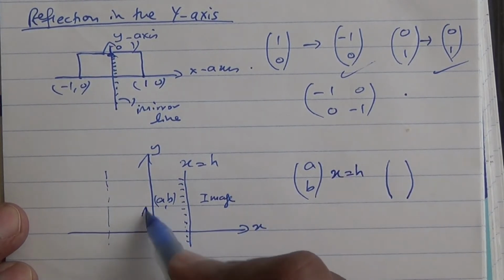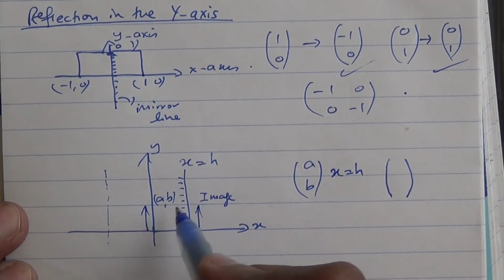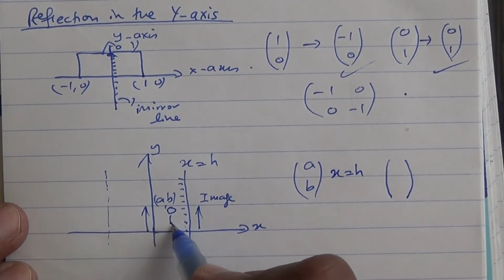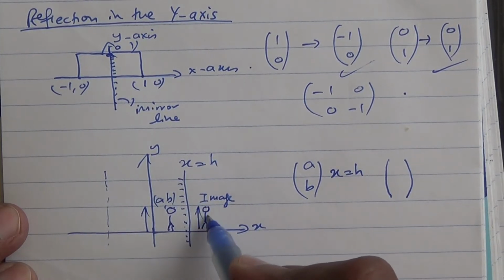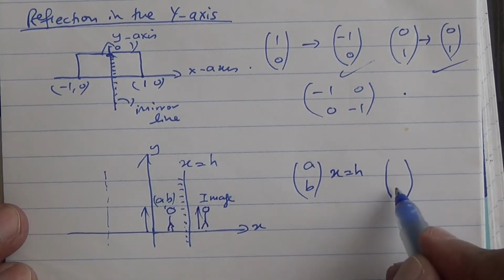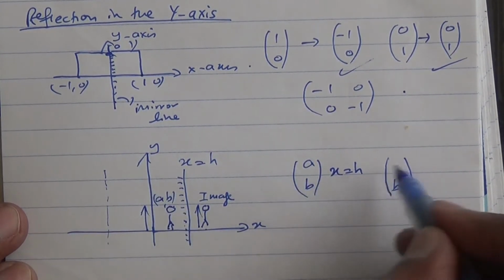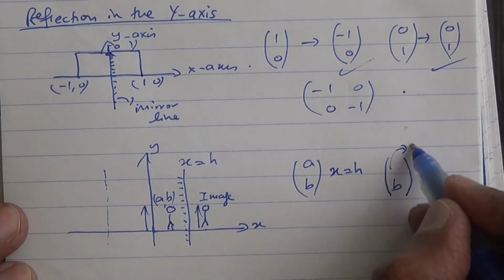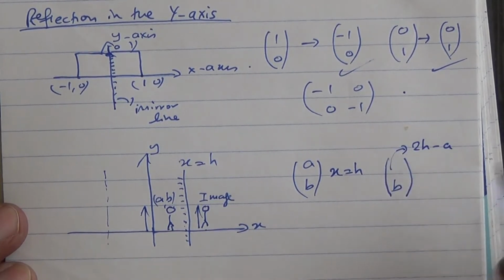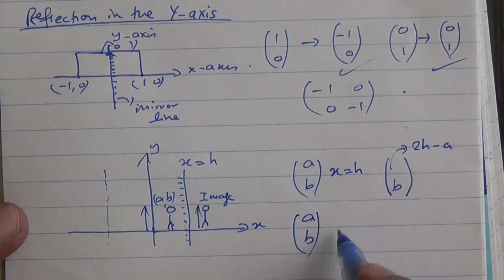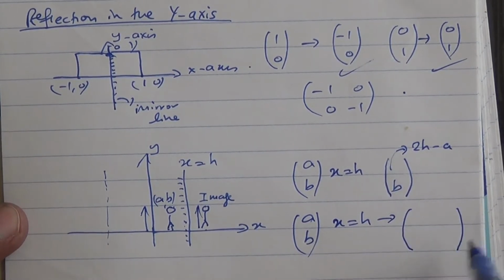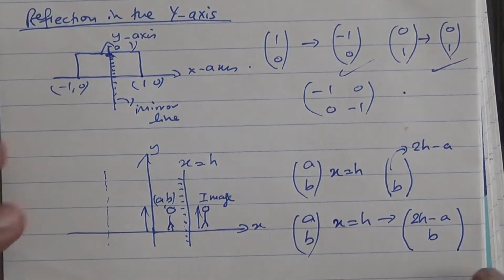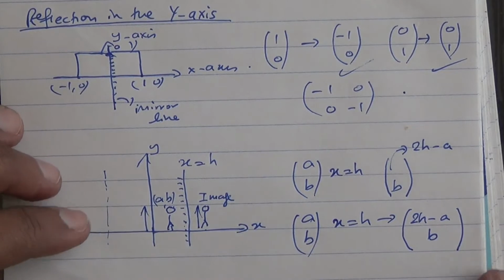The height remains the same. For example, if you were standing here and you look at yourself in this mirror, you will see yourself there, so your height will be the same. That means the y remains the same, so b is the same. But the a is going to change into 2h minus a. That's the formula. So the point a, b reflected in the line x is equal to h is mapped onto its image, which is 2h minus a, and then b. So this is reflection in the line x is equal to h.